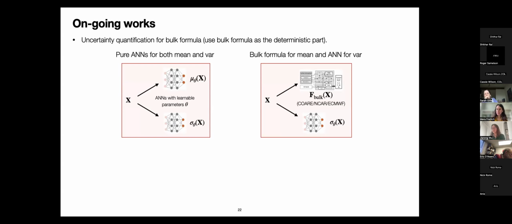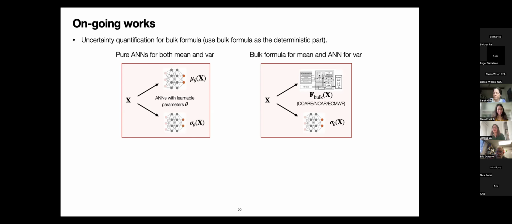Yeah, so I think that is a way to get an uncertainty associated with using bulk formula for any flux products you provide, but also when we run an online coupled model, say a coupled atmosphere and ocean model, we could start thinking about it.